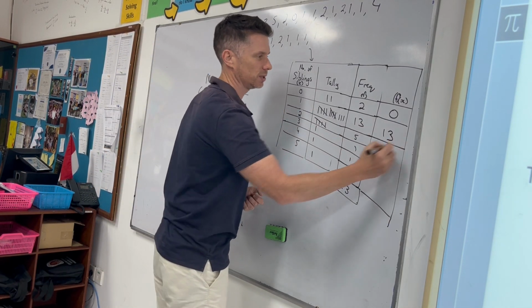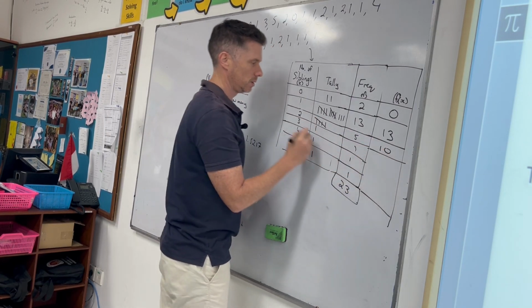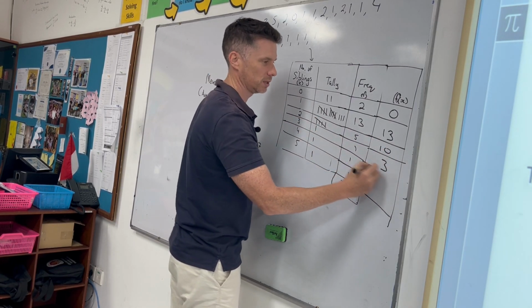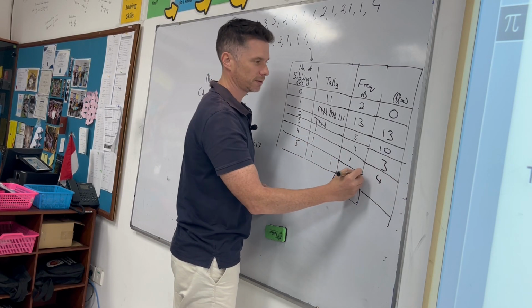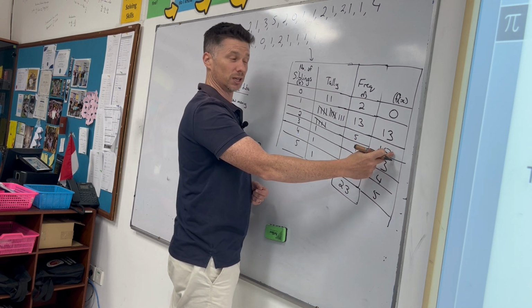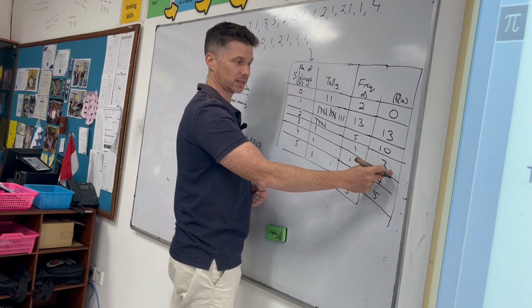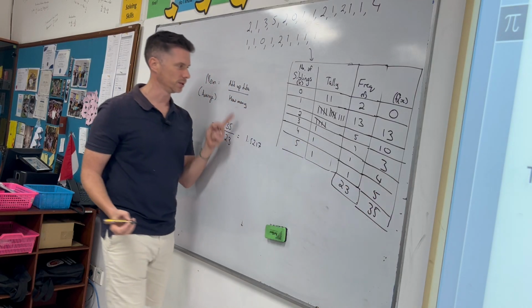So that gives 13. 1 times 13. 2 times 5 gives 10. 3 times 1 gives 3. 4 times 1 gives 4, and 5 times 1 gives 5. And if I add these together, that's 23, another 3, 26. 26 and 9 is 35, and that's the same number here.